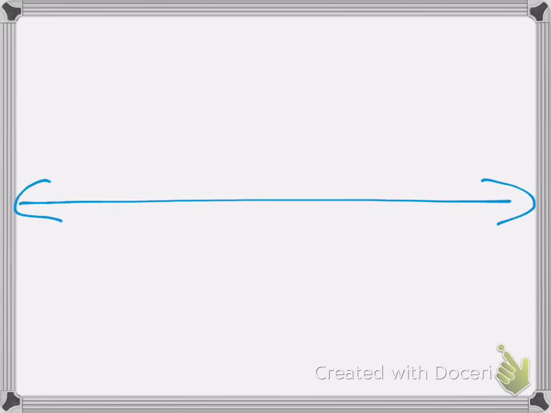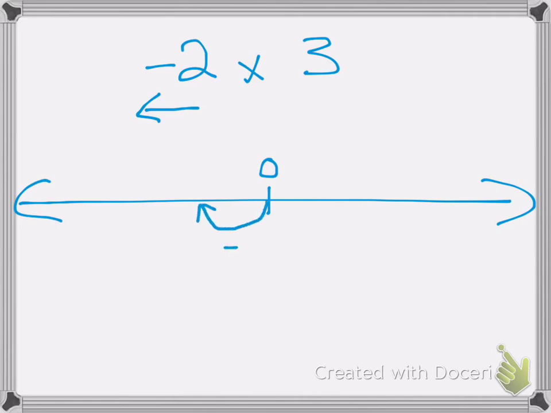Let me show you what I mean and how this actually works on a number line. Say I'm at 0 here, and say we've got negative 2 times 3. Well, we know that negative 2, if I was to plot that, goes to the left. So what you would do is you would multiply. There's a negative 2. There's a negative 2.